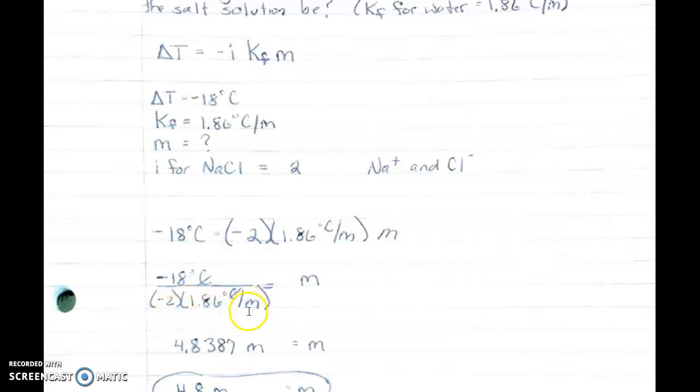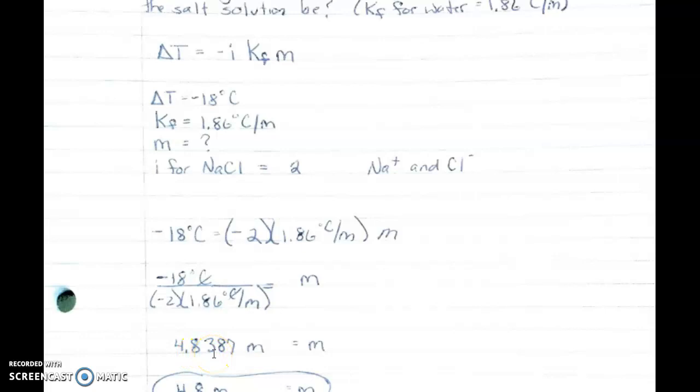And if we were to do that math calculation, we come up with a number such as 4.8387 molality solution of sodium chloride. However, if we look at our equation up here, we only have 2 significant figures in our temperature change. So we know that our answer can only have 2 significant figures. So we want to keep the 4 and the 8, but we have to look at this 3 to the right of the 8 to know what we want to do with that 8.